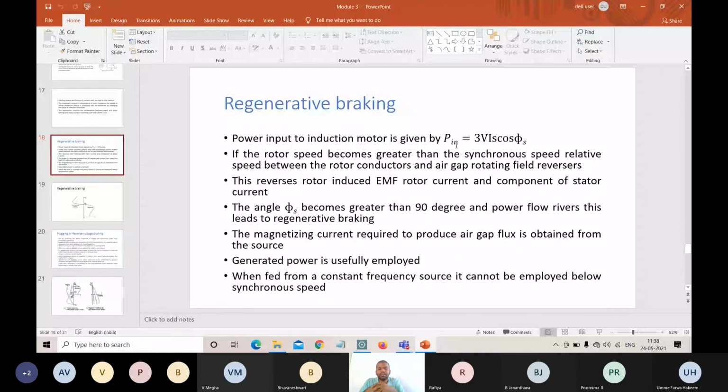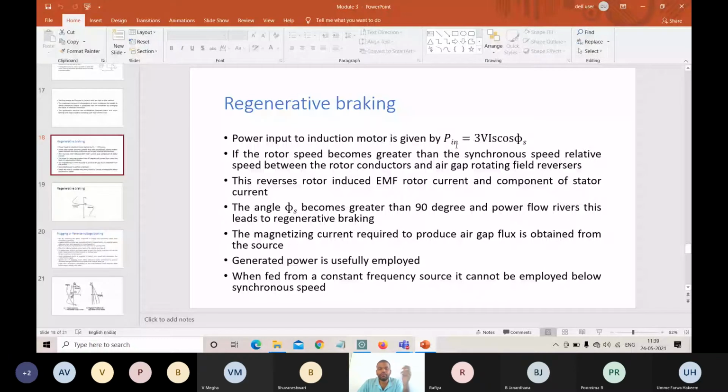And here the generated power is usefully employed. Whatever amount of power we generate with the help of reversing the field, reversing the flux, that power is nothing but an action opposing our real-time movement.